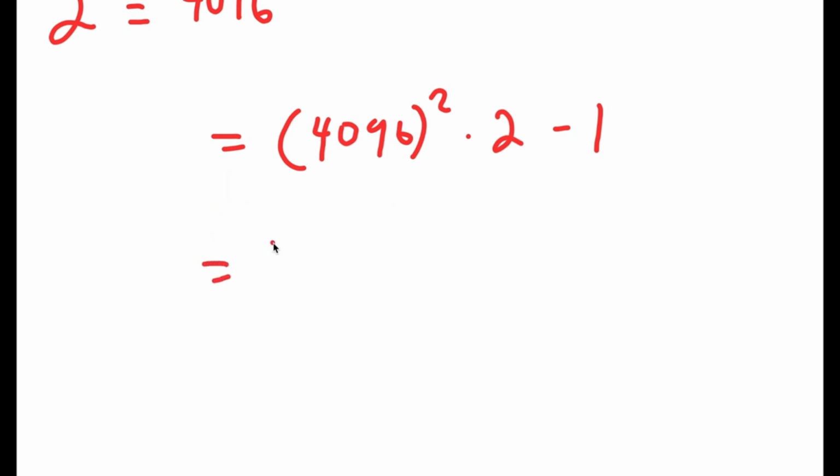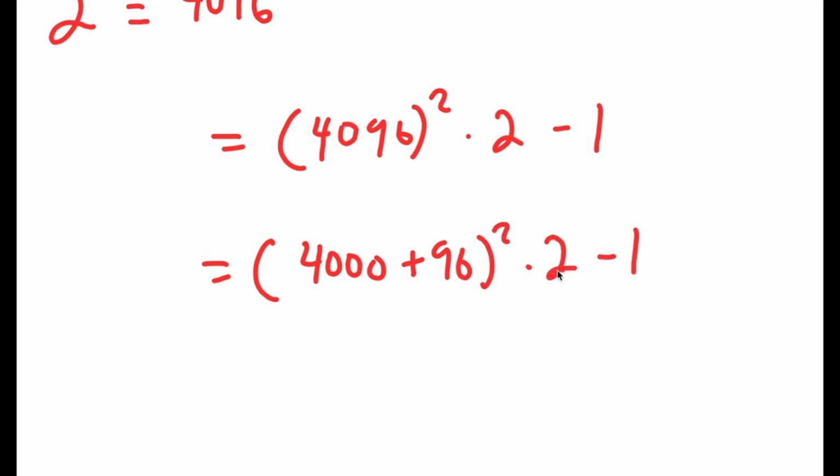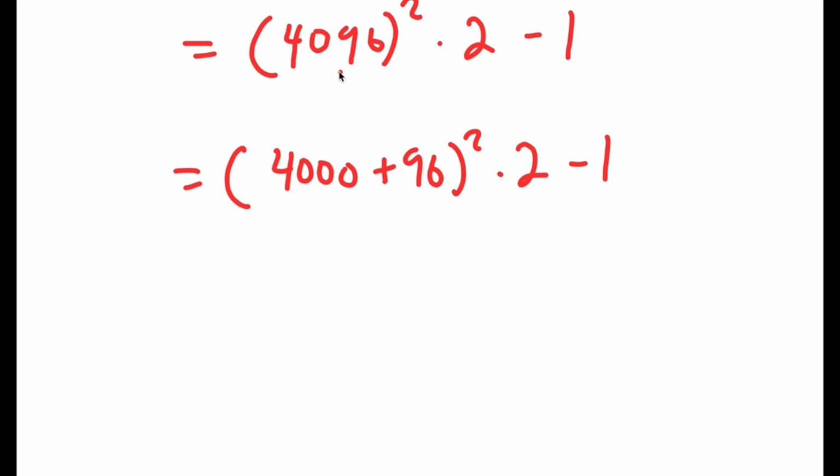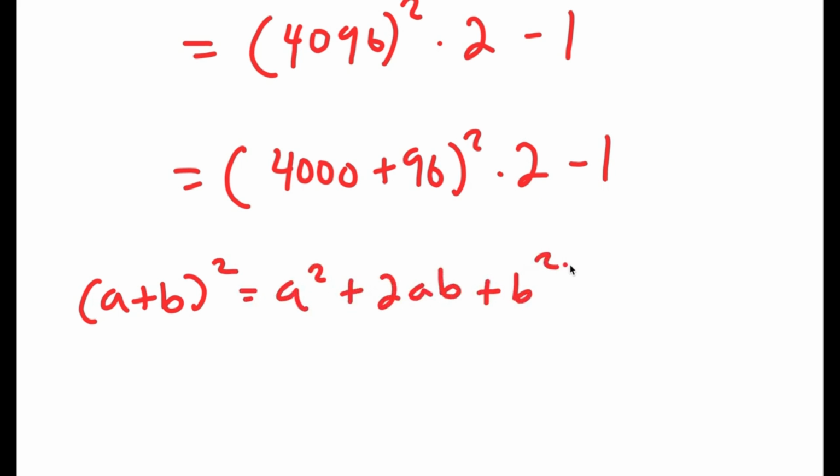And now this is equal to, I'm going to simplify this, 4,000 plus 96 squared times 2 minus 1. And the reason I'm doing this is because 4,096 squared is really hard to calculate by itself. So if we change it to 4,000 plus 96 squared, I can use the property a plus b squared is equal to a squared plus 2ab plus b squared.